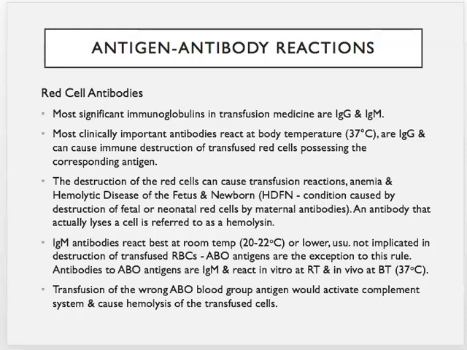They're IgG, and they can cause immune destruction of transfused red cells that possess the corresponding antigen. So that's why we have to make sure that blood that we transfuse to a patient is compatible, that we're not introducing them to any foreign antigens that they could have an antibody reaction to.